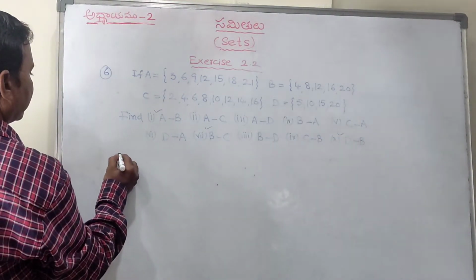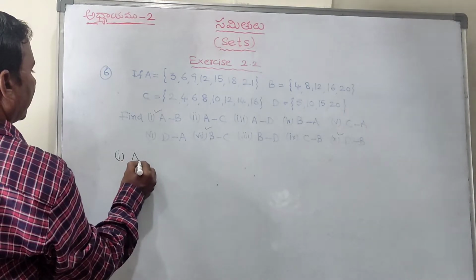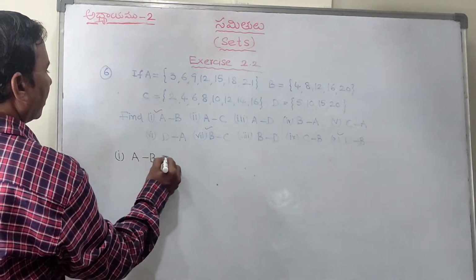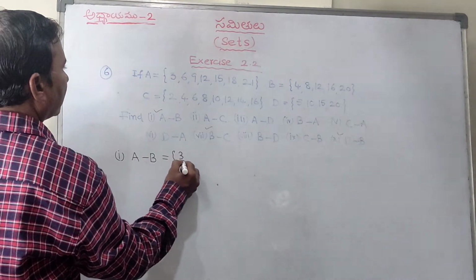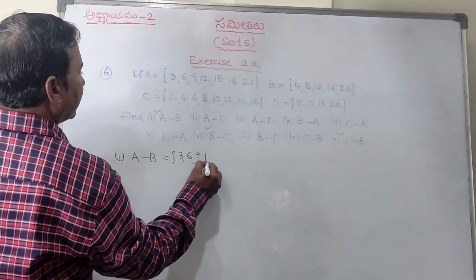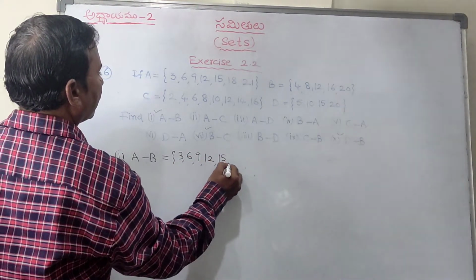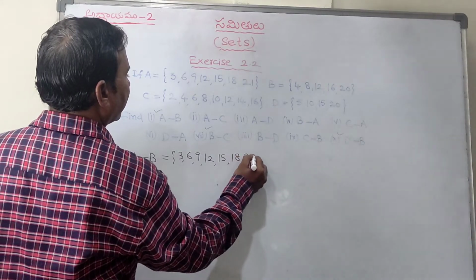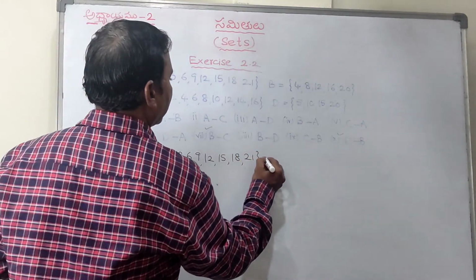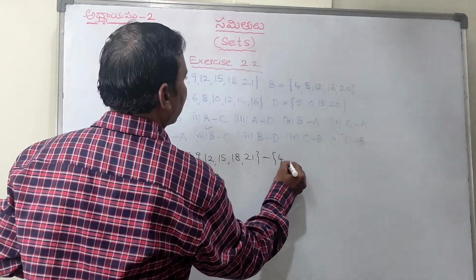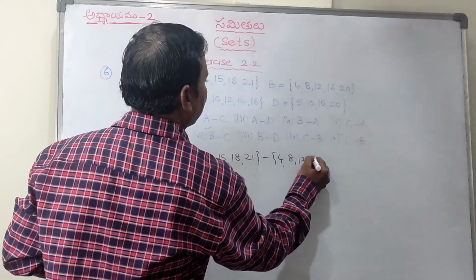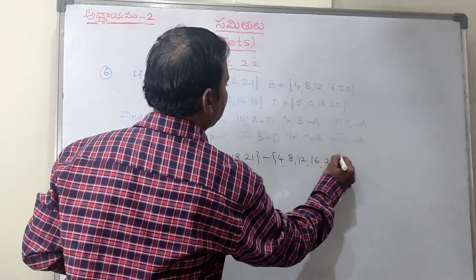See the first one, I am taking here A minus B. What is A? 3, 6, 9, 12, 15, 18, 21. And what is B? 4, 8, 12, 16, 20.